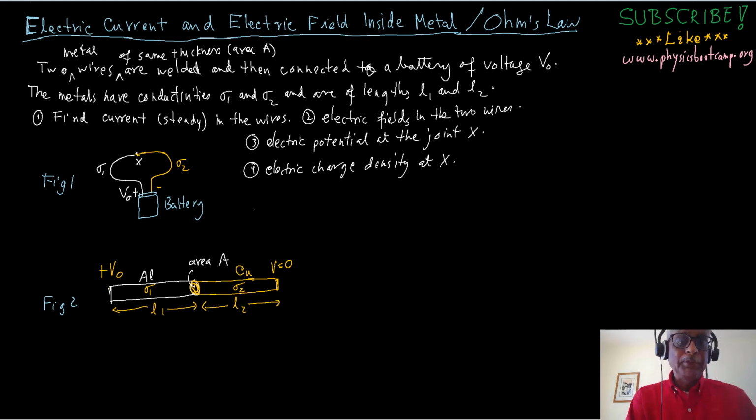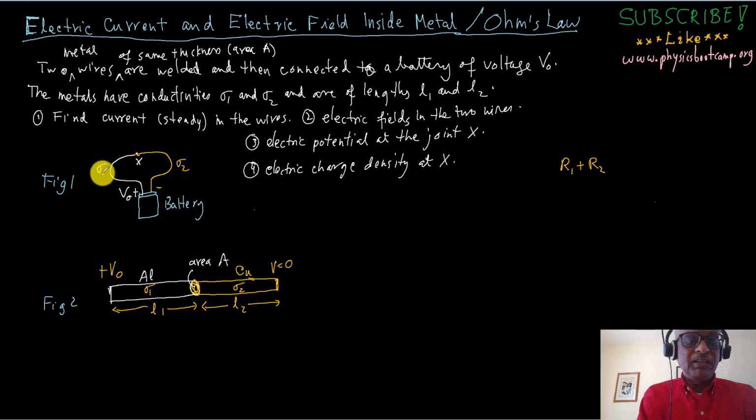For problem 1, we have the wire going from here to there. So we have the resistance of wire 1 plus the resistance of wire 2.